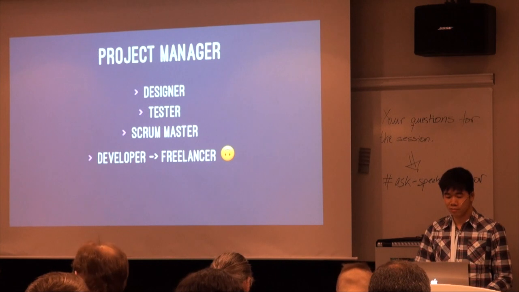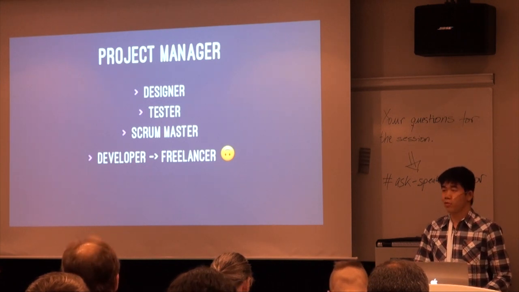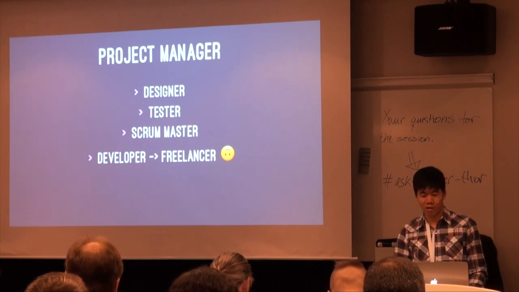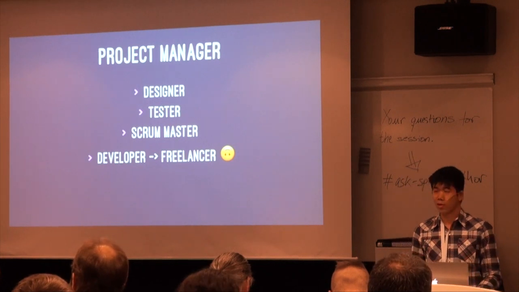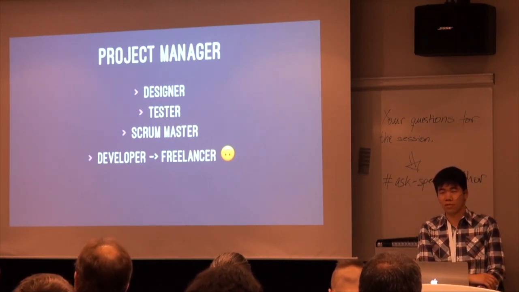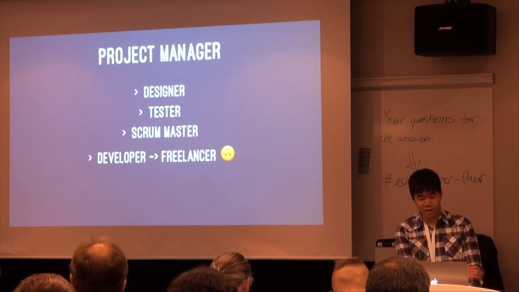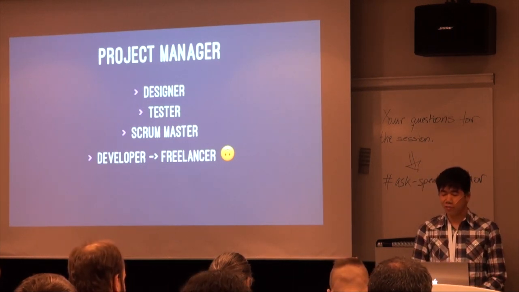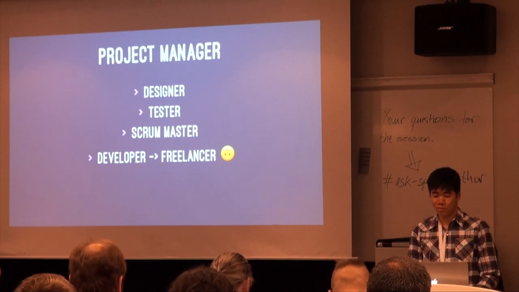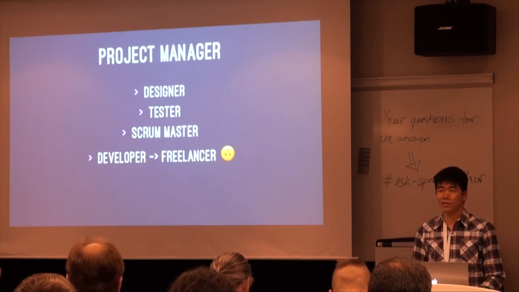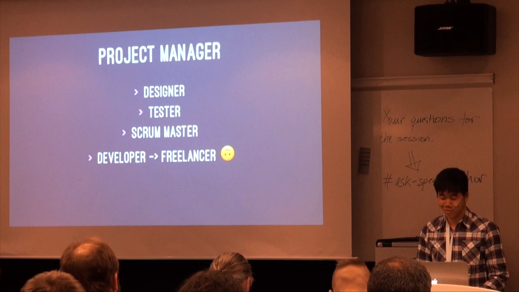Imagine a project, for example; it can be done alone by one person. The manager needs help from the tester, from the Scrum Master, from the designer as well. And we, as developers, can delegate the task to some other people, like we can hire a freelancer to help us, right?